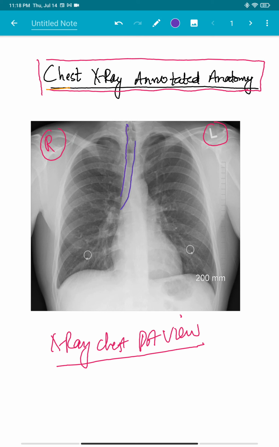With the trachea division, this point is called the carina. So the first thing to look for in X-ray chest is the trachea or airway. We can look for any inhaled foreign bodies, any tracheal mass, any external tube, or any other things that can be seen in the trachea.